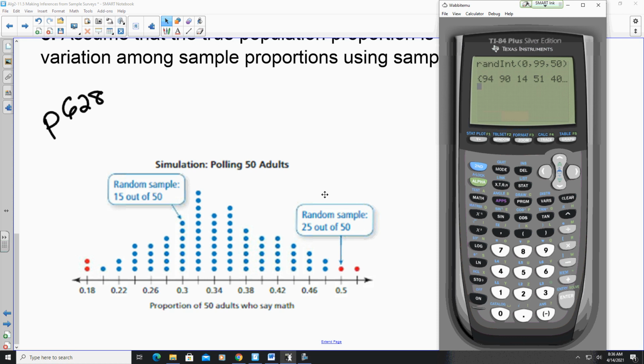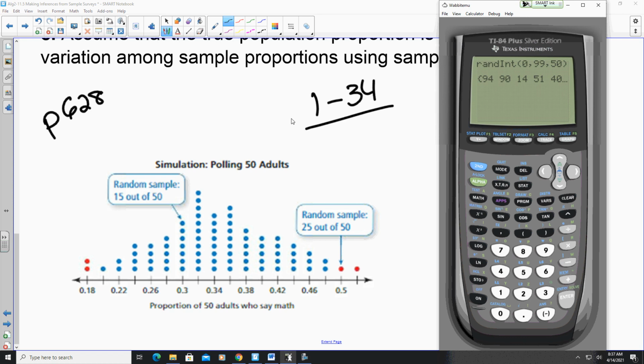Now, since the polling company gave us 34% that mathematics was the most valuable subject, since we have 100 integers, 0 to 99, we could pick any numbers we want. I'm going to pick numbers 1 through 34.